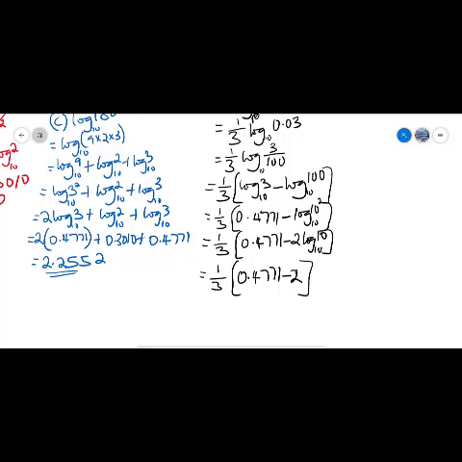So when I multiply out everything, I would have 1 over 3 times minus 1.5229, which will eventually give me minus 0.5076. So that's it. It's really not as difficult as it seems. It's something we can all do.